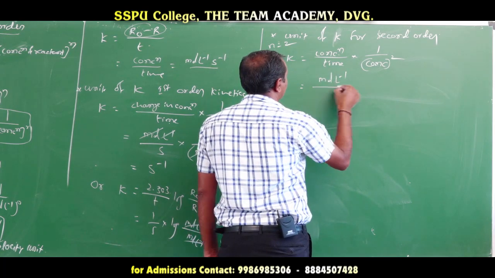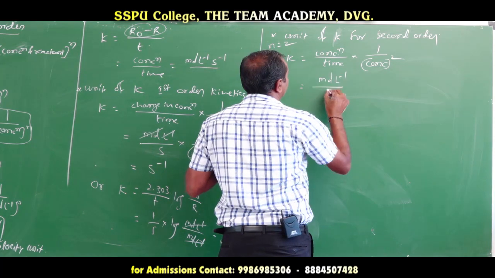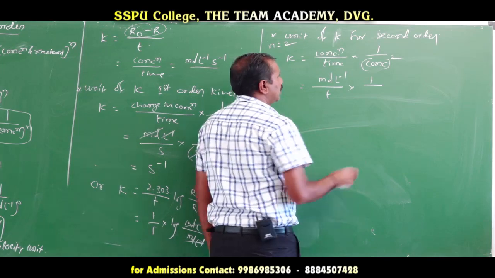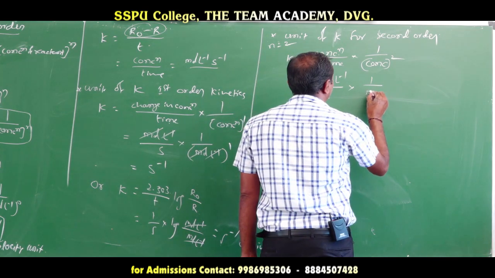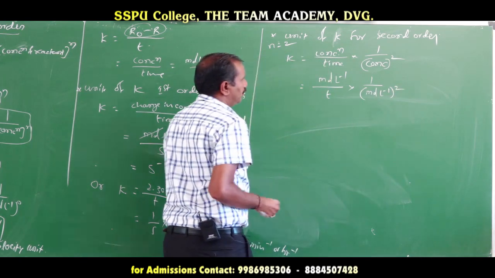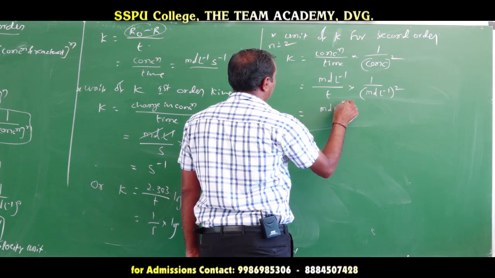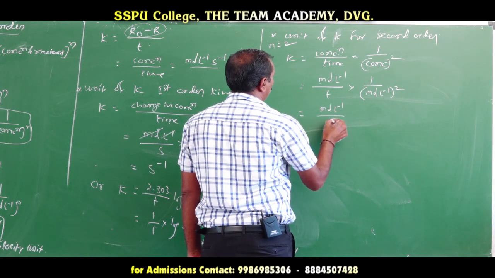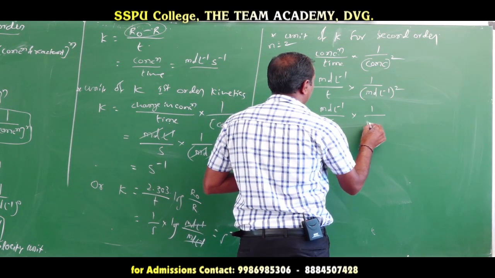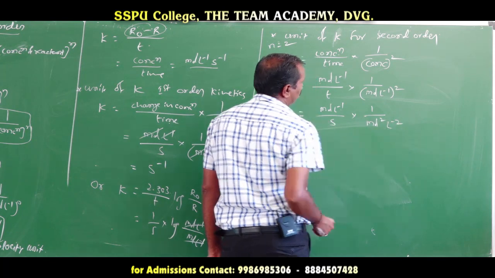What is the time value? Time value is T, into 1 by concentration to the power 2, meaning mole per liter to the power of 2. Then mole per liter by T, T in seconds, into 1 by mole square liter to the power of minus 2.